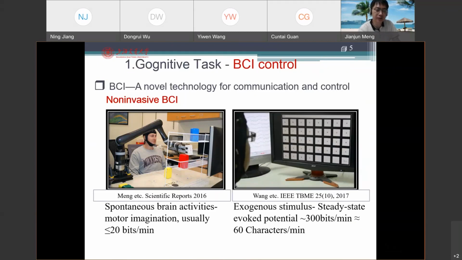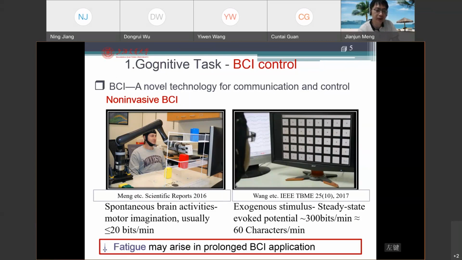Motor imagery-based BCI and steady-state visual evoked potential-based BCI were two commonly used non-invasive BCI paradigms, which have also been mentioned in today's workshop. Both modalities provide a certain information transfer rate, but in prolonged operation, fatigue might arise. How fatigue might affect the performance of BCI is worth investigating.